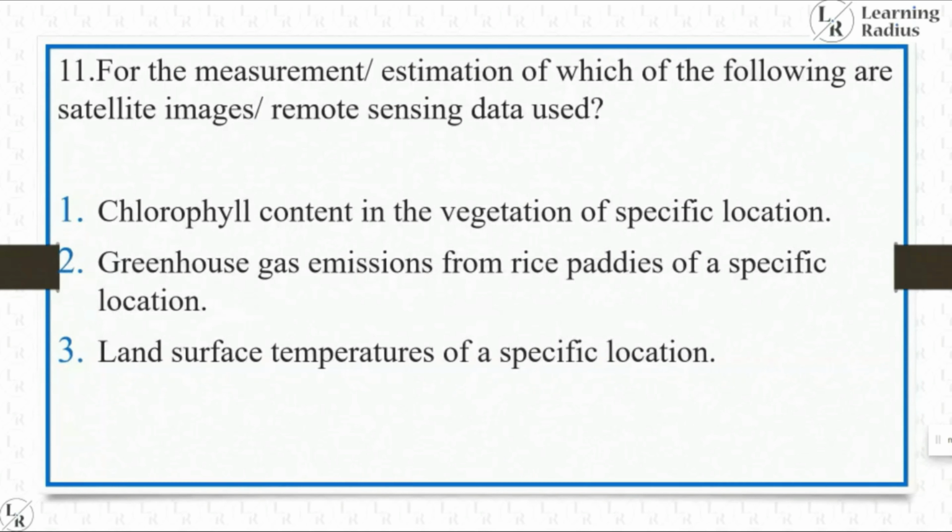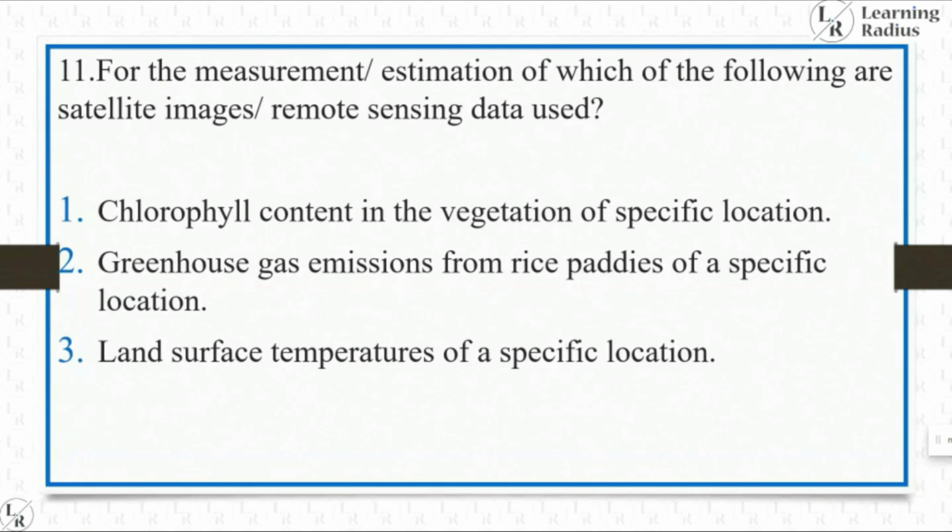Next question. For the measurement or estimation of which of the following are satellite images or remote sensing data used? Chlorophyll content in the vegetation of a specific location, greenhouse gas emission from rice paddies of a specific location, land surface temperature of a specific location. Select the correct answer using the code given below: 1 only, 2 and 3, 3 only, 1, 2 and 3.